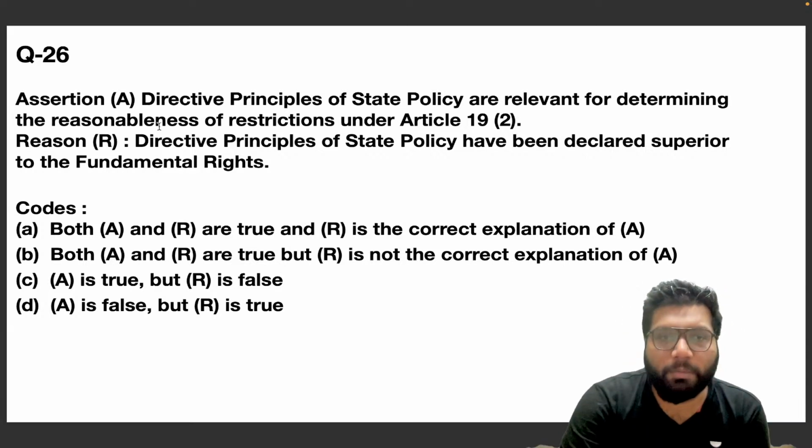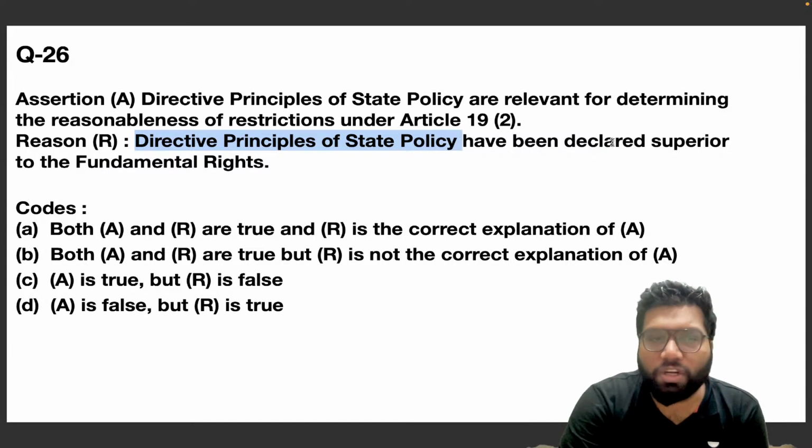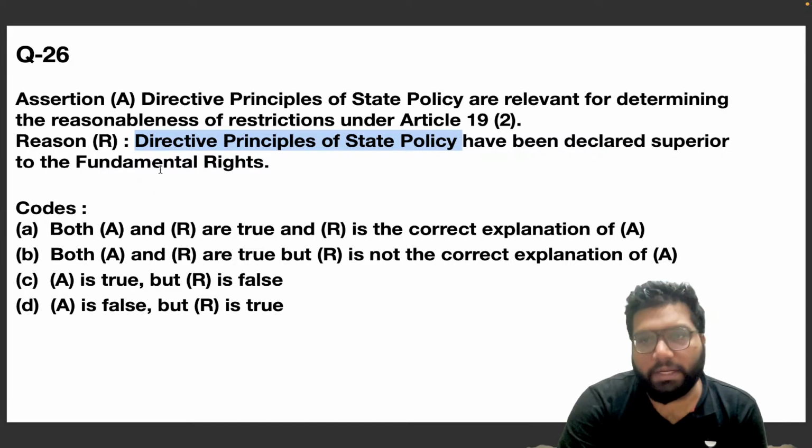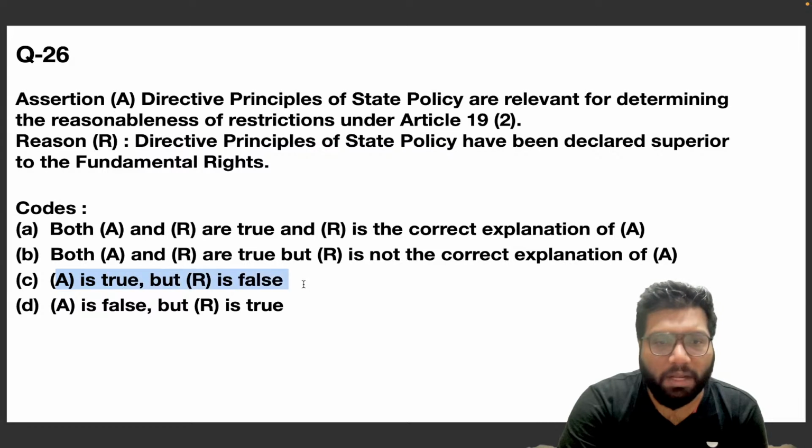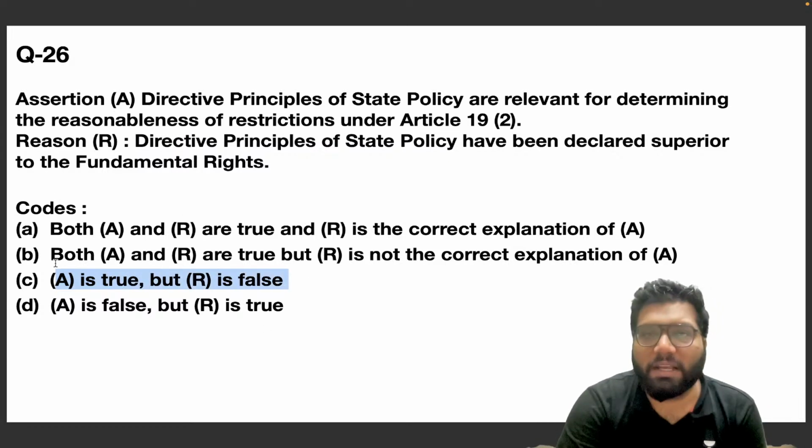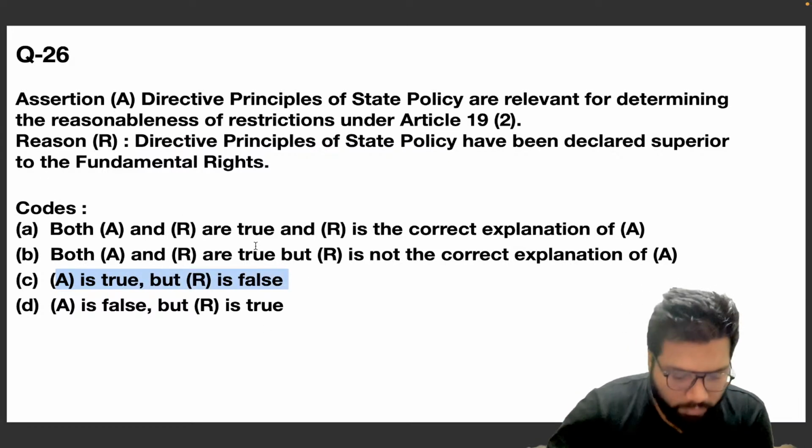Students, always do remember, directive principles of state policy are not superior than the fundamental rights. DPSP are not superior than fundamental rights, which means A is true but R is false. So C is the correct answer. Okay.